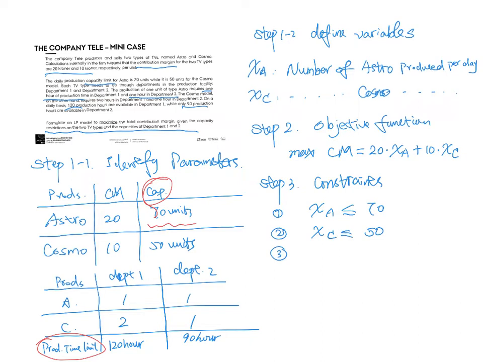So then we can see, again, I pointed here. So you know the total production time limit for department 1. And in this column, you have 1 hour for A, 2 hours for C. So your total production time consumption is XA. Sorry, I changed the color.